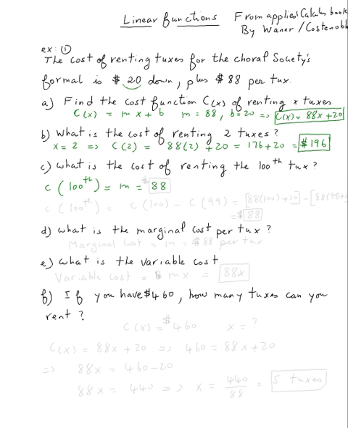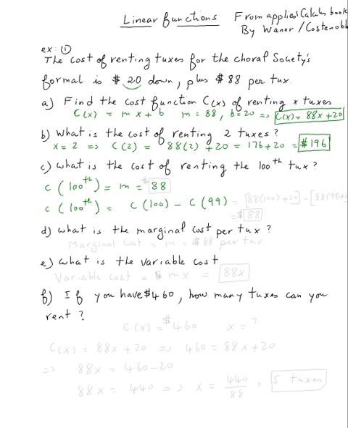Now, if you want to do it the long way, the cost of the 100th tuxedo will be the cost of the first 100 tuxedos minus the cost of 99. This is how you get the cost of the 100th.